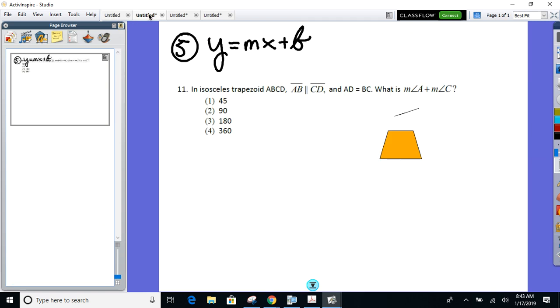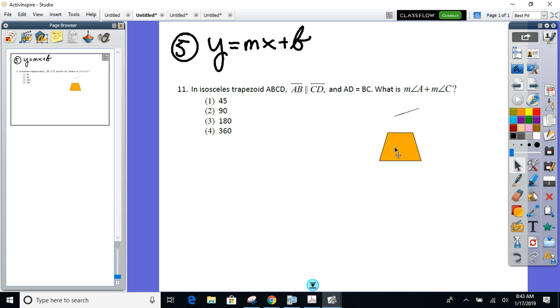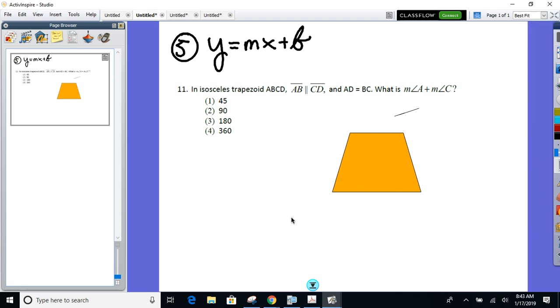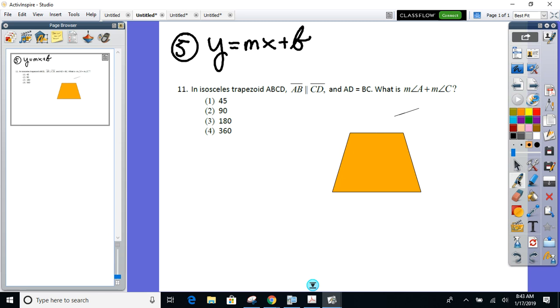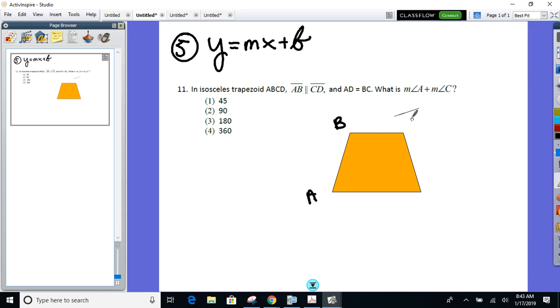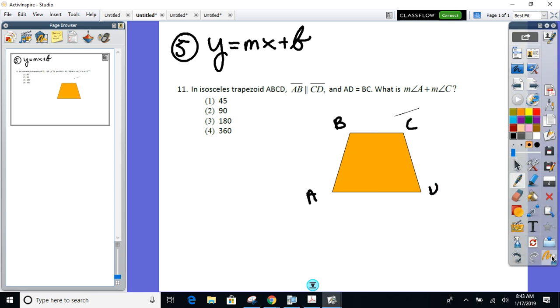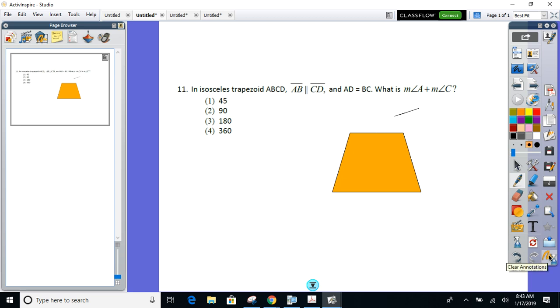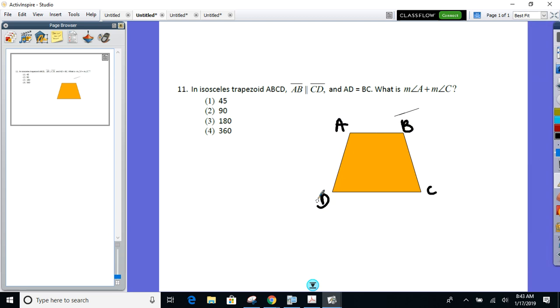All right, A, B, C, D. Make sure we label it clockwise or counterclockwise. A, B, C, D, parallel. And if it's isosceles, the other two sides, the legs, are congruent. What's the measure of angle A plus angle C?